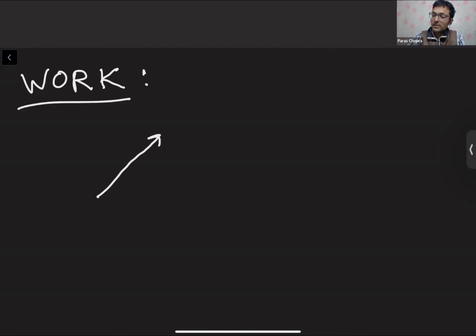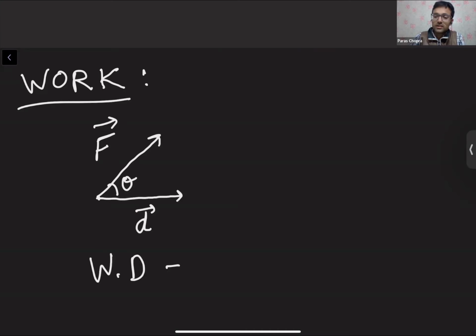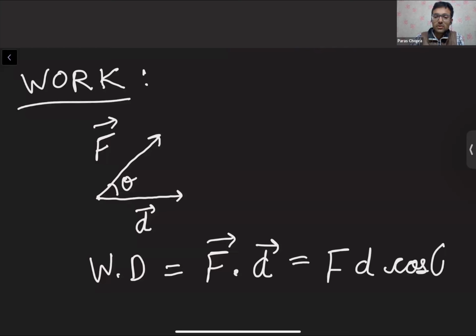So if force is acting in this direction and displacement is happening along the horizontal, then work will be given by the dot product of these two vectors. And since the dot product is a scalar quantity, therefore work done is also a scalar quantity. So in terms of the magnitudes, work done is equal to F times d times cos theta.